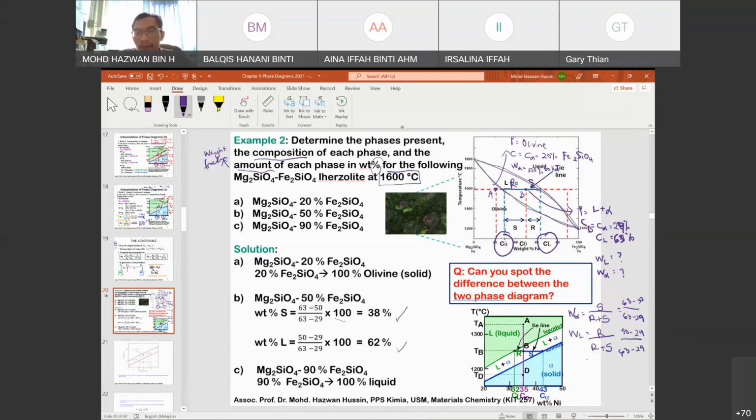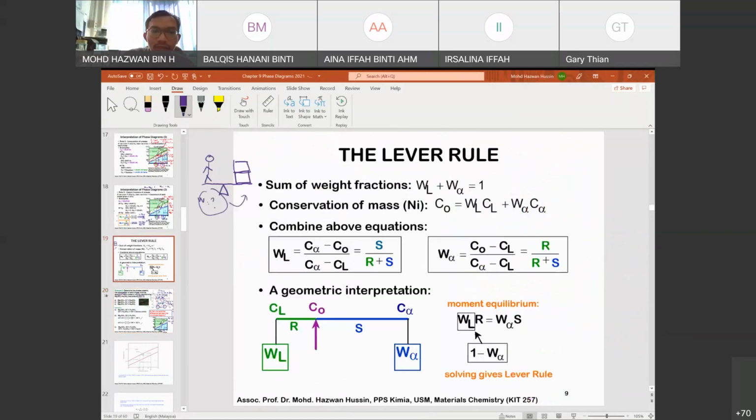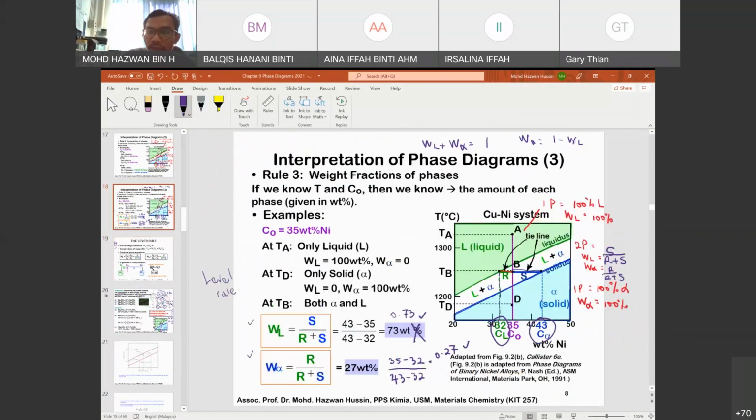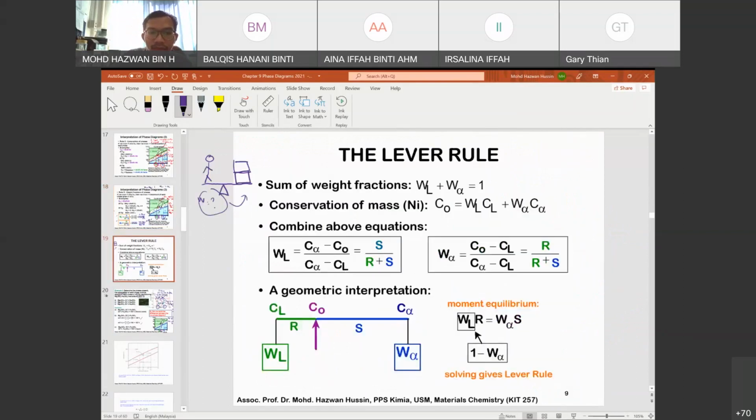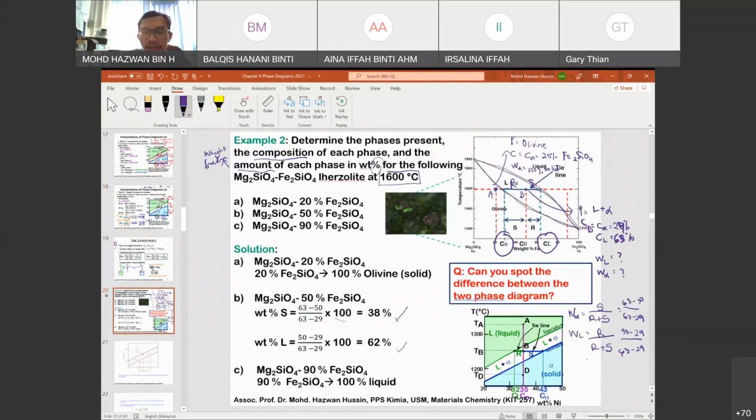Okay? All right. So just now when we explained the lever rules, we were looking at this phase diagram. And now we have an example where the phase diagram looks like a mirror image of what we studied just now. So I put the question here: can you spot the difference between the two phase diagrams? This one we looked at previously, and this is the one we are looking at now.